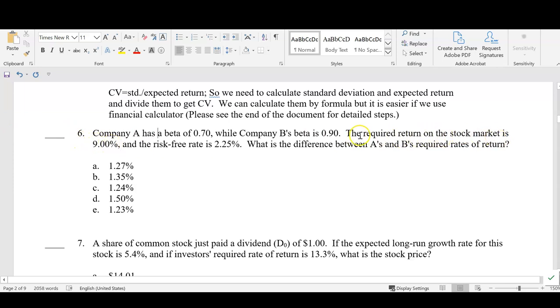Note here that required return on the stock market means market return, RM, is 9%. The risk-free rate is 2.25%. What is the difference between A's and B's required rates of return? We know betas, we know market return, we know risk-free rate. So actually we can calculate stock A and stock B's required rate of return and take the difference.